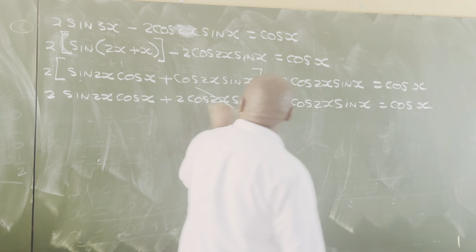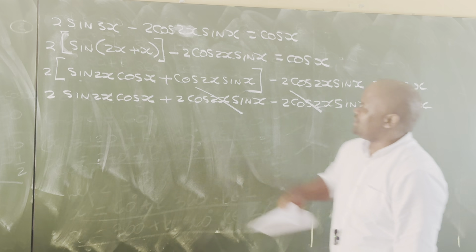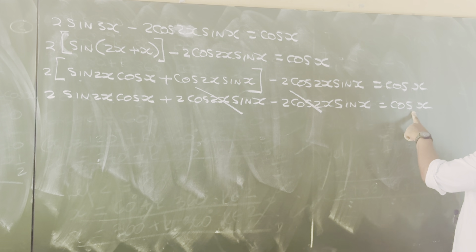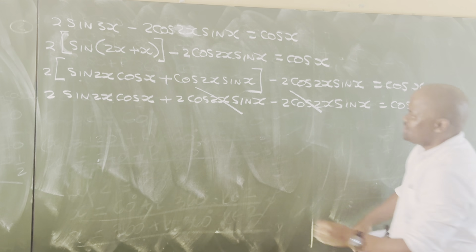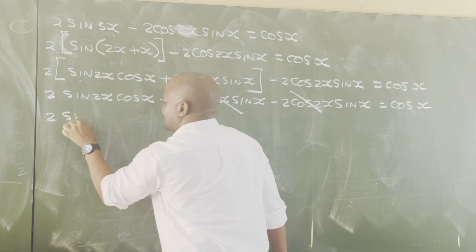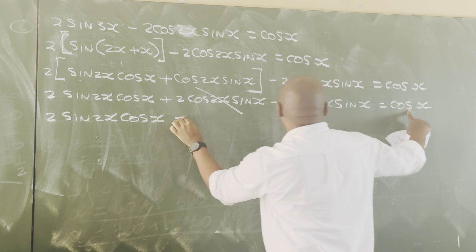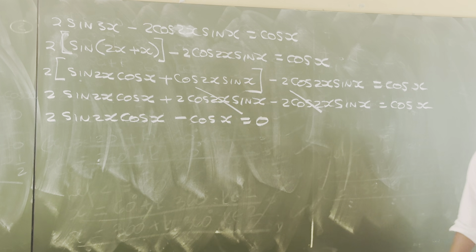We have like terms, so these two are like terms. We cancel them out. And now left we have 2 sine 2x cos x. Then on the right hand side we have cos x, which means we should take this one to the other side. So let's do that. We have 2 sine 2x cos x minus cos x is equal to 0.